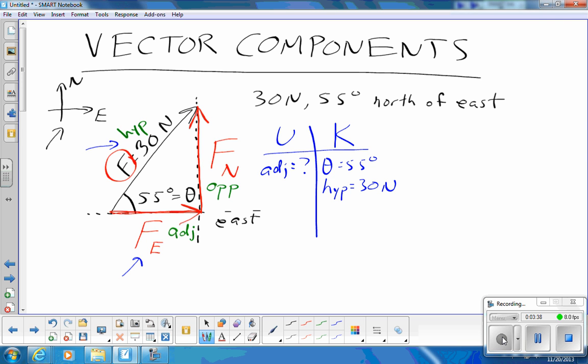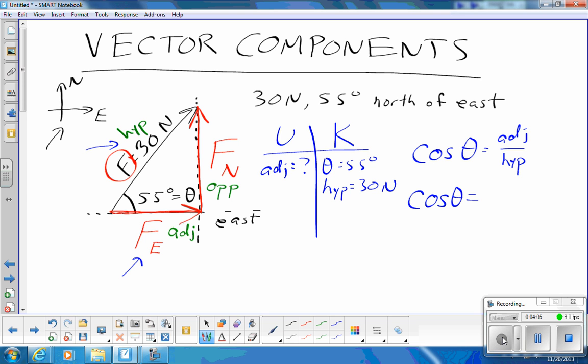That would be cosine of theta is adjacent over hypotenuse. I am going to turn this into more of a physics formula by simply renaming, instead of adjacent and hypotenuse, I'm going to put in the physics terms for these legs of the triangle.